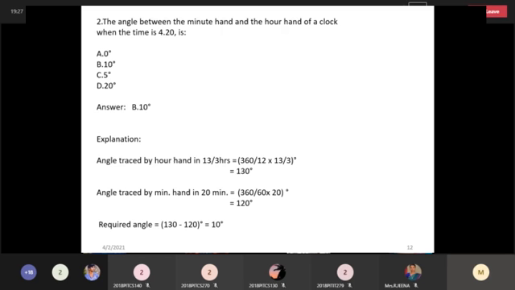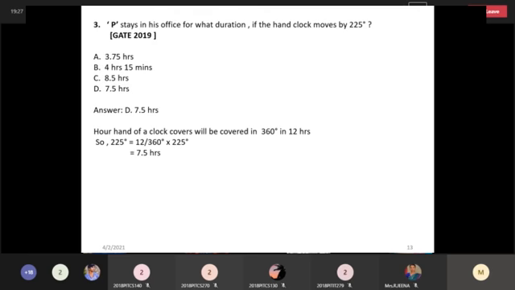So the required angle is 130 minus 120 degrees, equal to 10 degree. The difference between the minute hand and hour hand of a clock when the time is 4:20 is a 10 degree difference. So option B, 10 degree, is the right answer.